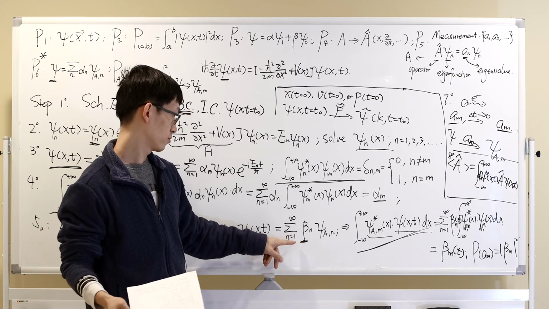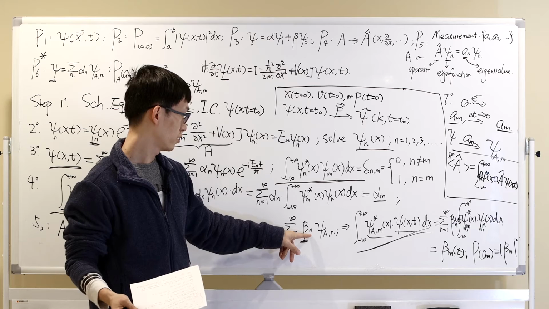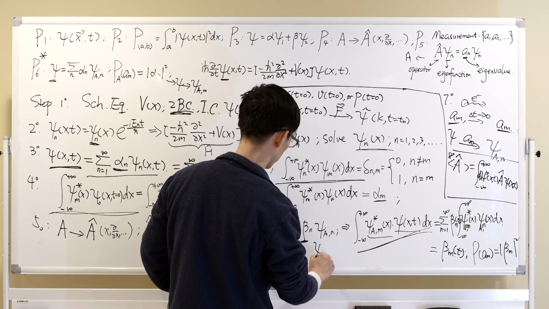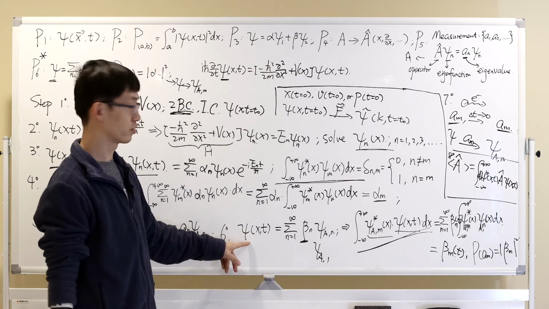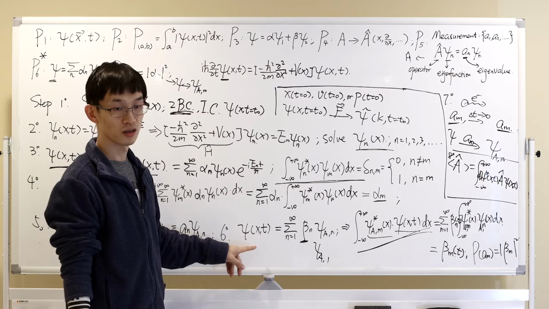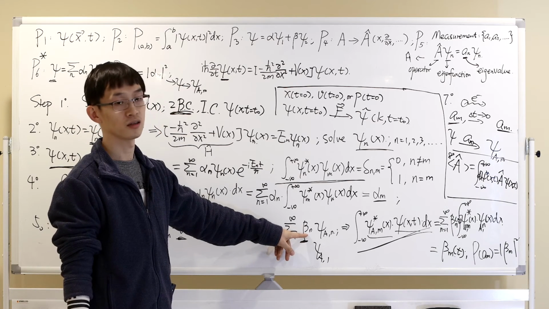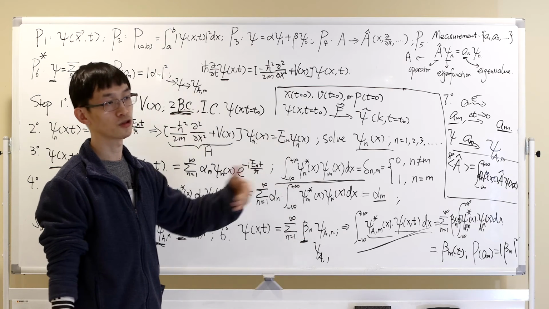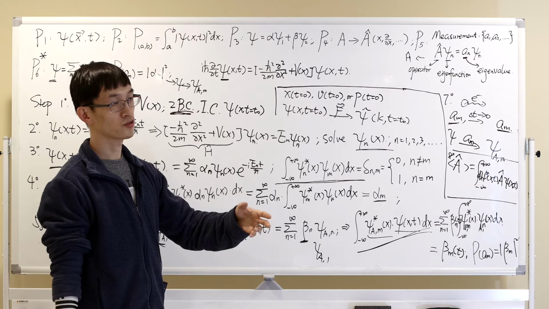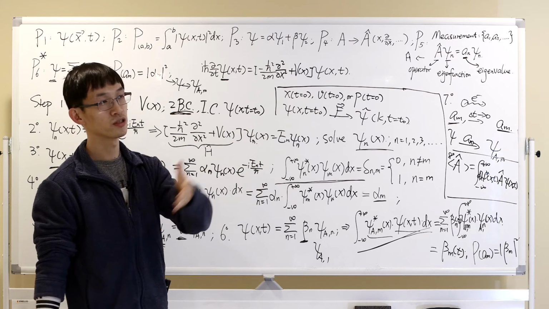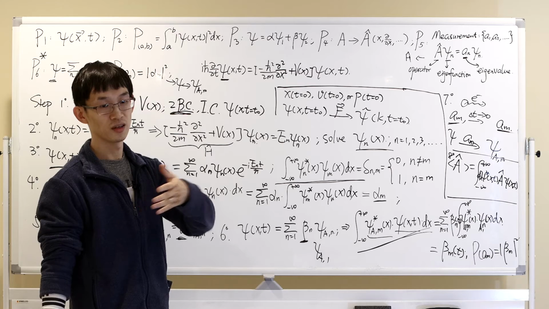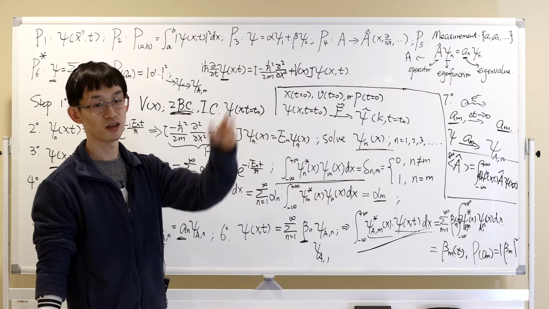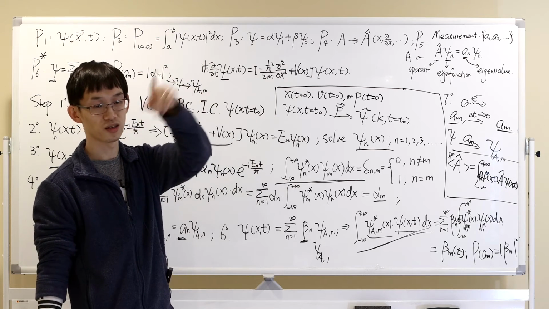If, for example, the first eigenstate is not part of your wave function, then you would get beta 1 equal to 0. So it's like a Fourier transform. You do a Fourier transform, it doesn't mean that at every frequency you get non-zero. But for simplicity, you still calculate the entire thing, the Fourier transform. And then you look at the result, and there are several peaks, and those are the frequencies of this signal.